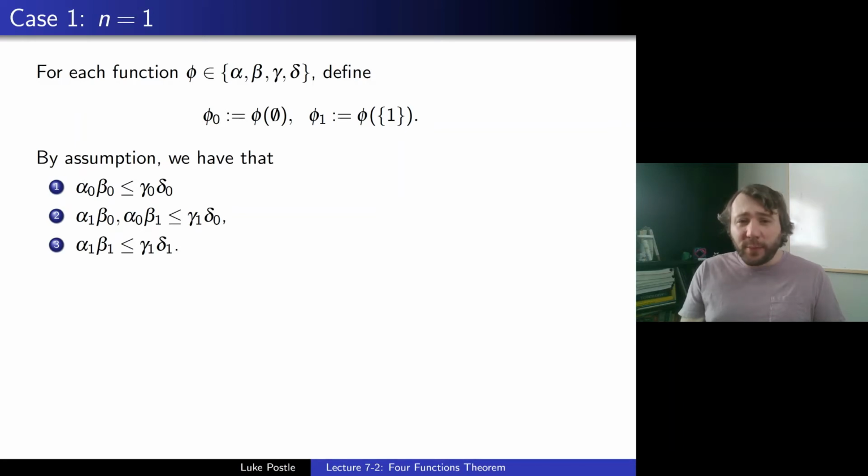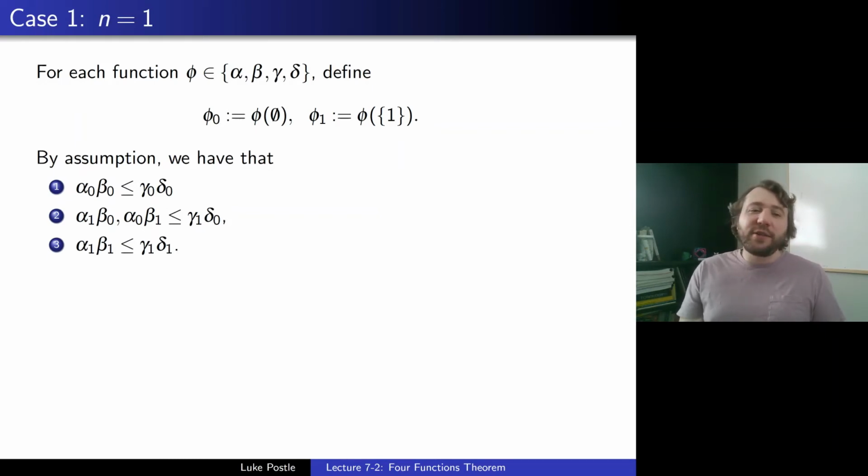When A and B are both 1, the whole set, you get the last inequality. And then you get this weird mix in the middle where one's empty, one's not. But it's important to note you get gamma 1 and delta 0. So you never get gamma 0, delta 1, because while A and B seem symmetric, gamma is always the union and delta is always the intersection.